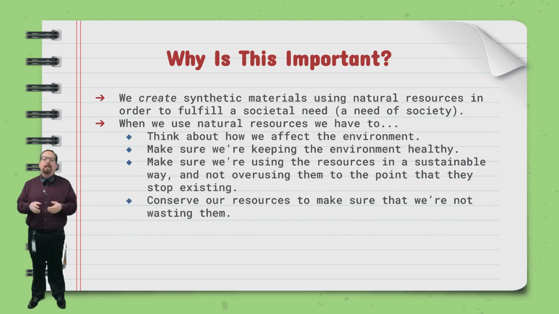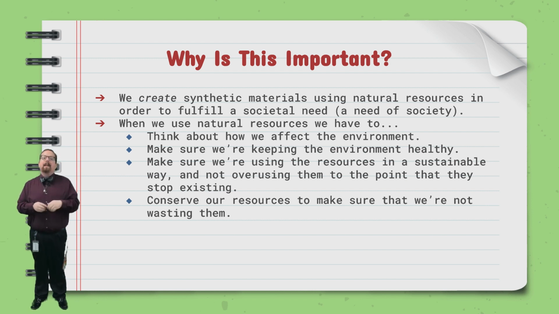While a lot of this seems like common sense and stuff we should probably just inherently understand, it's important to dig a little deeper and make sure we understand just how important this is. Everything you use throughout your day is either a natural resource or comes from natural resources. Remember, we just said synthetic materials are made from natural resources, right?